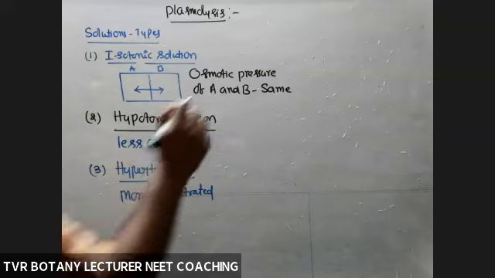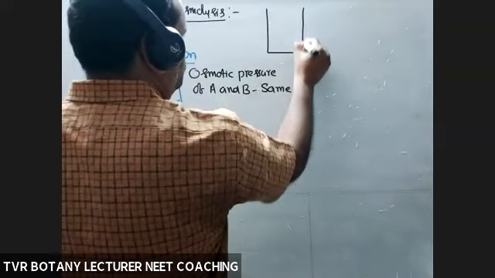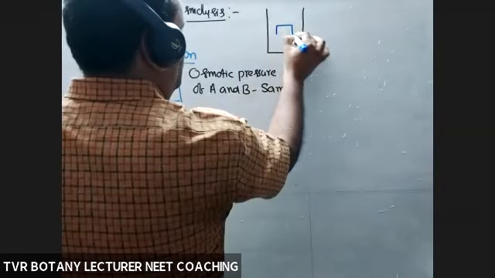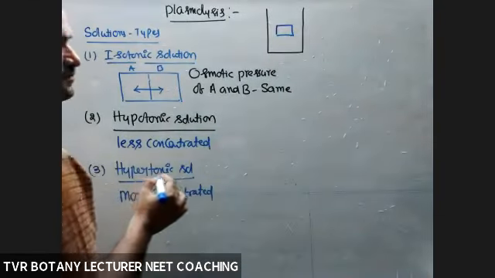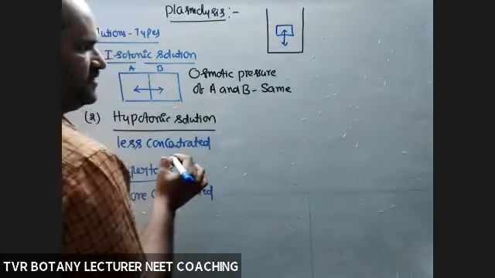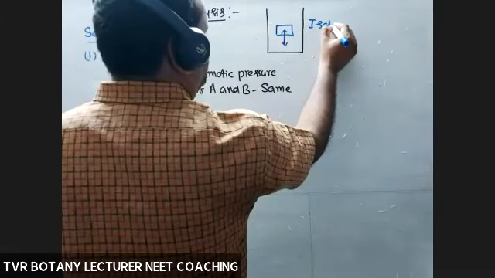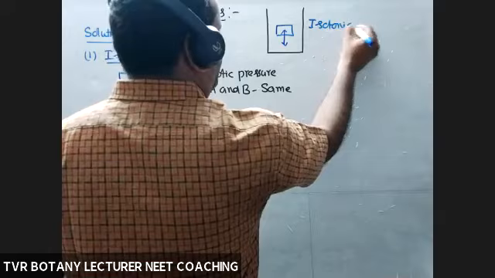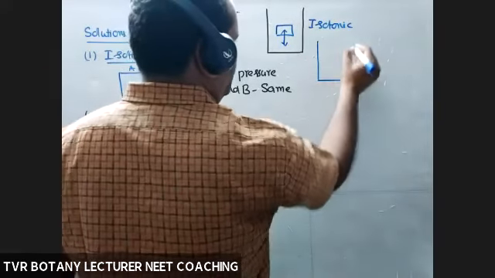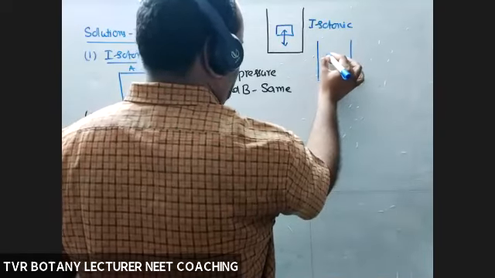Okay. Now, what about plasmolysis? For example, this is a beaker, and into which a cell is dropped. If there is no movement of water between beaker and a cell, both the systems are with isotonic conditions. Next, beaker and some solution, whatever it is, I'll tell you.